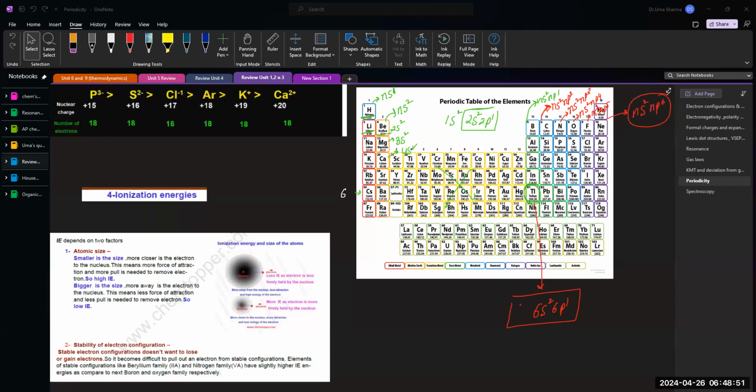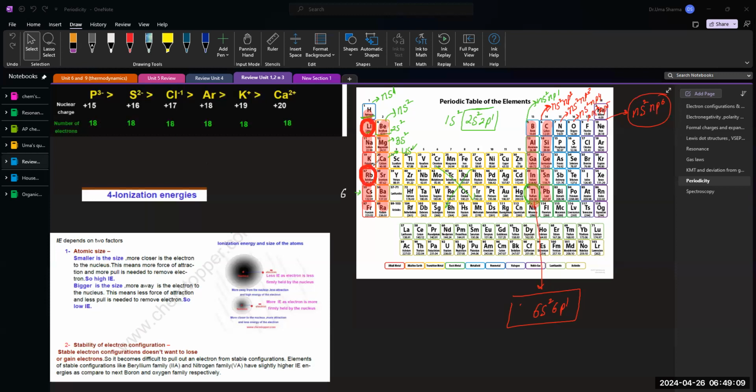Now answer my question. As I'm moving down the group, is there any change in the stability of the configuration? As I'm going from lithium to rubidium, is there any change?